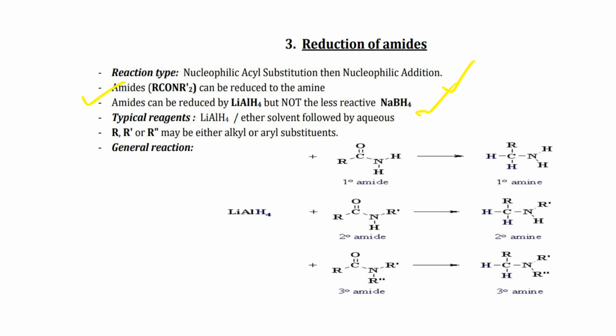Lithium aluminum hydride is used, but not the less reactive sodium borohydride. Sodium borohydride is less reactive with amides. Lithium aluminum hydride is the commonly used reducing agent for reduction of amide into amines.